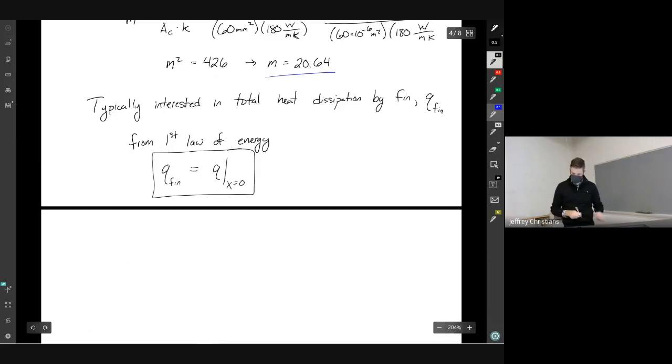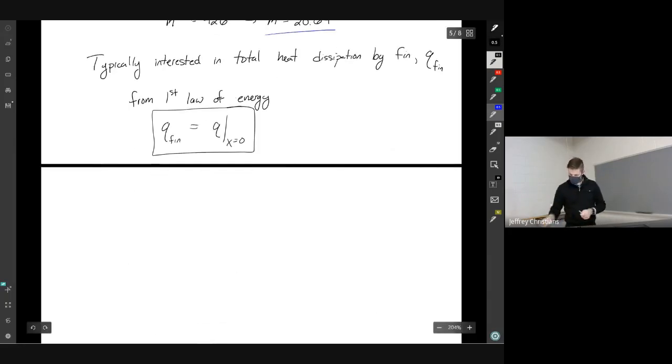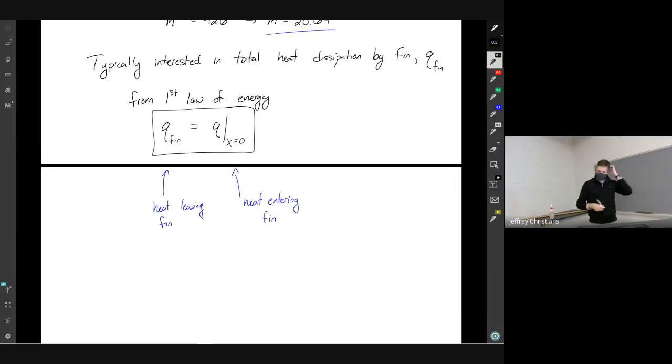So the total heat leaving the fin must be equal to the total heat coming in. Right, so that is the heat, okay, which gives us a more tractable problem to solve.